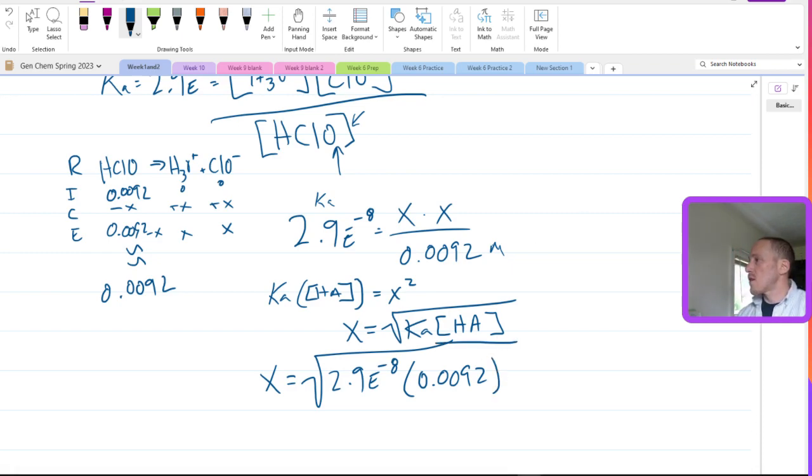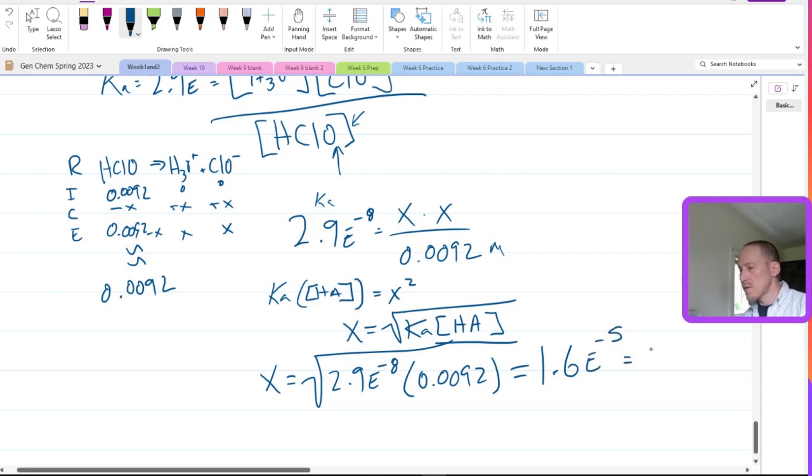And let's Desmos that. So 2.9 times 10 to the minus 8th, that whole thing times 0.0092. That's that. And then the square root of that equals that. So 1.6 times 10 to the minus 5 equals the concentration of hydronium.